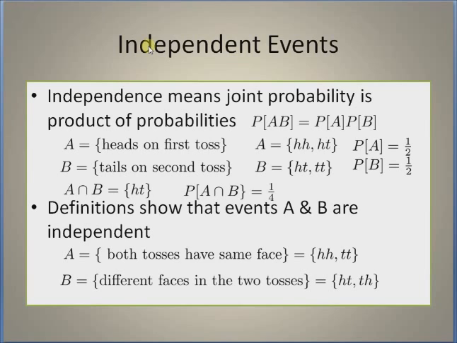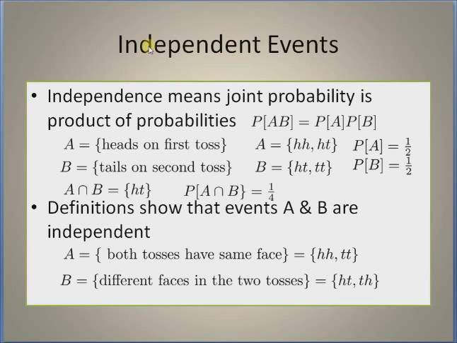Now there is an intersection between these two events, that is, A intersection B is equal to the outcome heads and tails. So the probability of this intersection event is 1 by 4. We can clearly see that the joint probability P of AB, or P of A intersection B, is equal to the product of the individual probabilities.